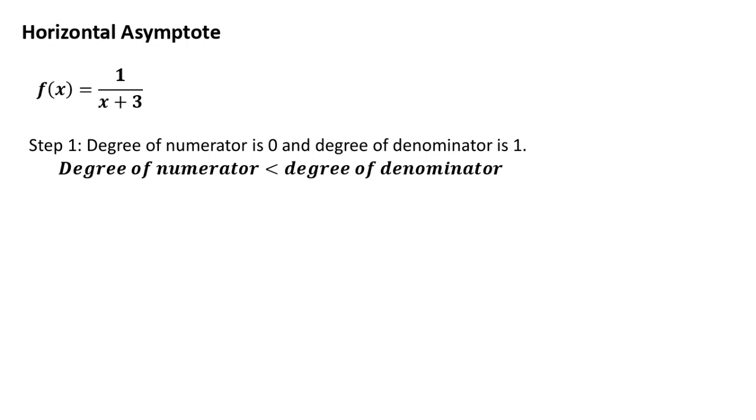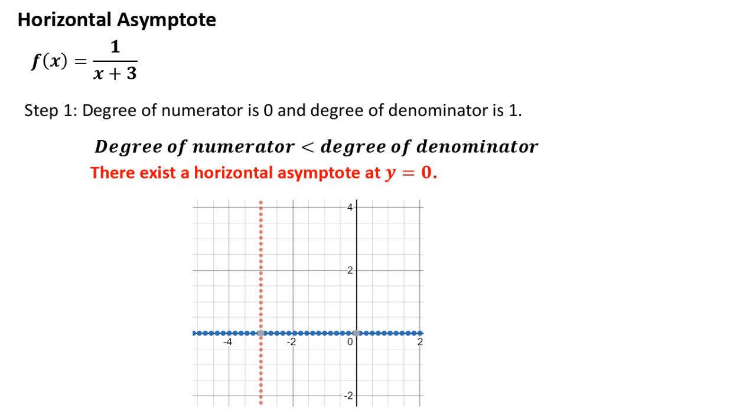Here on this one, we have x to the 0. Anything to the 0 power gives us 1, and we have x to the 1, right? Because this is the highest degree. The highest degree here is 1. So here you can see that the degree of the numerator is smaller than the degree of the denominator. So hence, I have a horizontal asymptote at y equals 0 from my definition of cases for my horizontal asymptote.